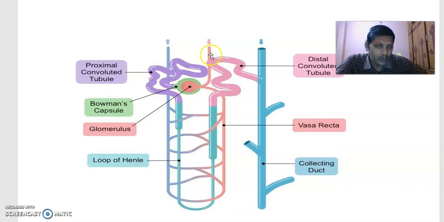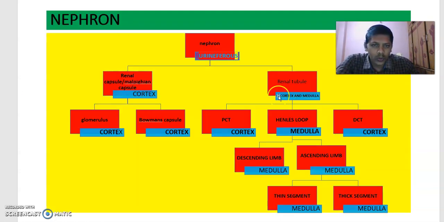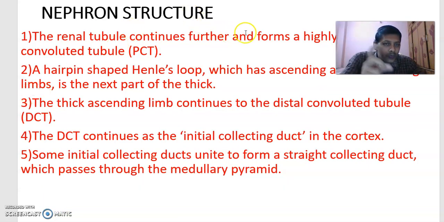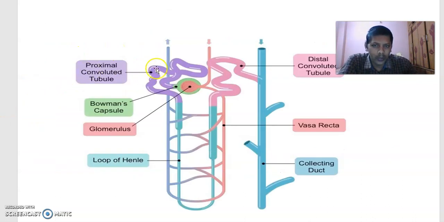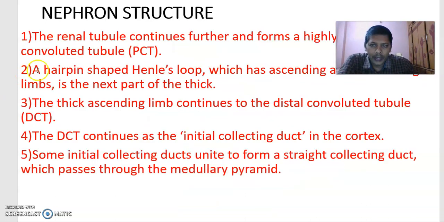Now we are talking about this part, the renal tubule. The renal tubule consists of PCT. It continues further and forms a highly coiled proximal convoluted tubule, and then a hairpin shaped Henle's loop, which has ascending and descending limbs.